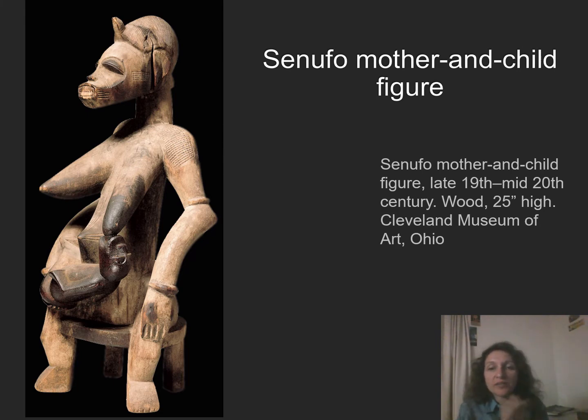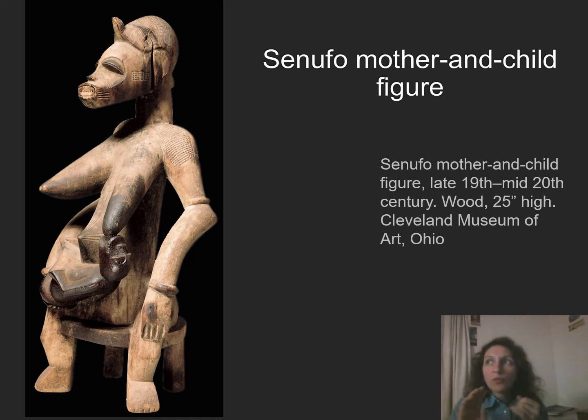I think this artwork is incredibly important in understanding some of the overall themes of African art. So first and foremost, what are we looking at? We're looking at a depiction of mother and child, and we know that this is an ancestral figure, right? So let's break down some of the things.